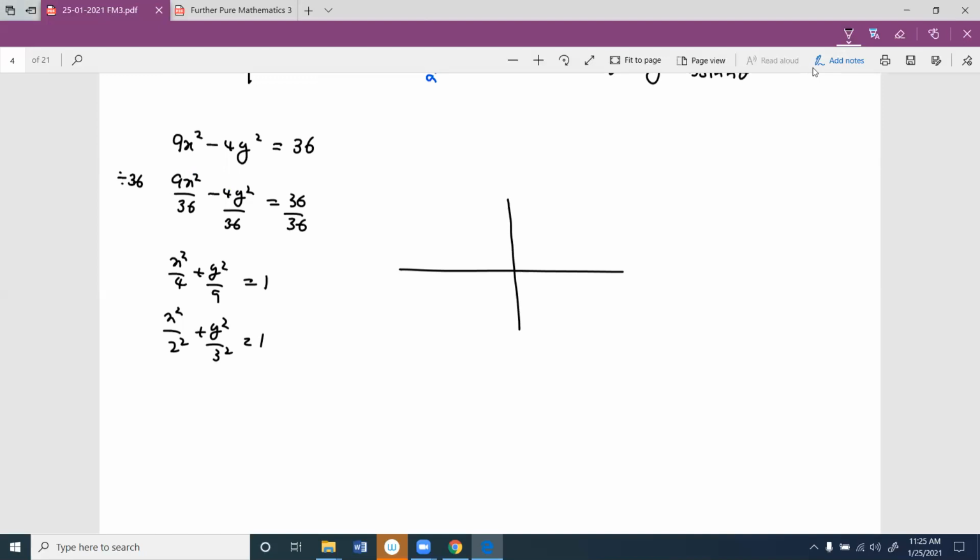It's a graph somewhere like this, and we should know this line somewhere like this. Then the number in front of x is 2, therefore if you just draw it, it comes like this.